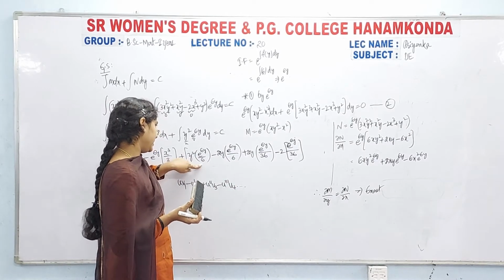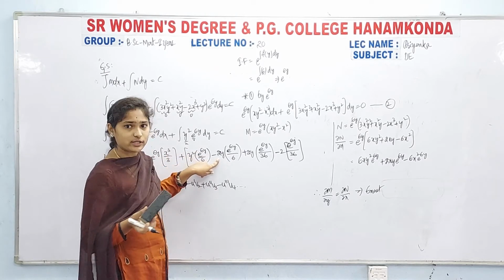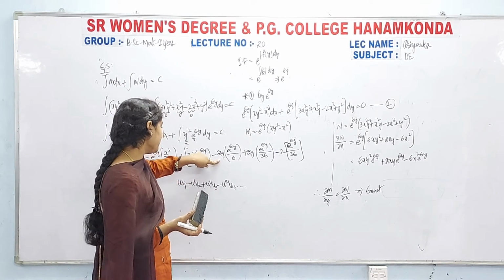u v1, integration is finished, minus u dash, which means the derivative of y square is 2y, and v2.